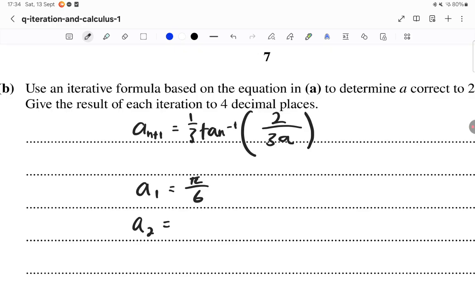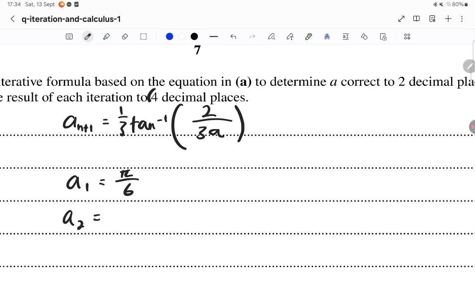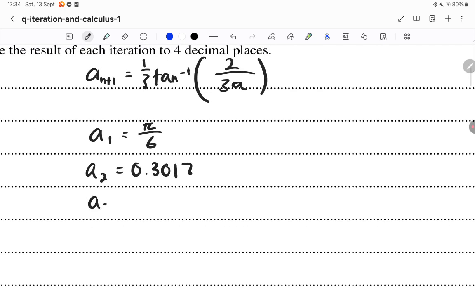So inverse tangent of 2/3 pi over 6. And they're telling us to give each iteration to 4 decimal places, right? So I'm gonna give it 0.3017.